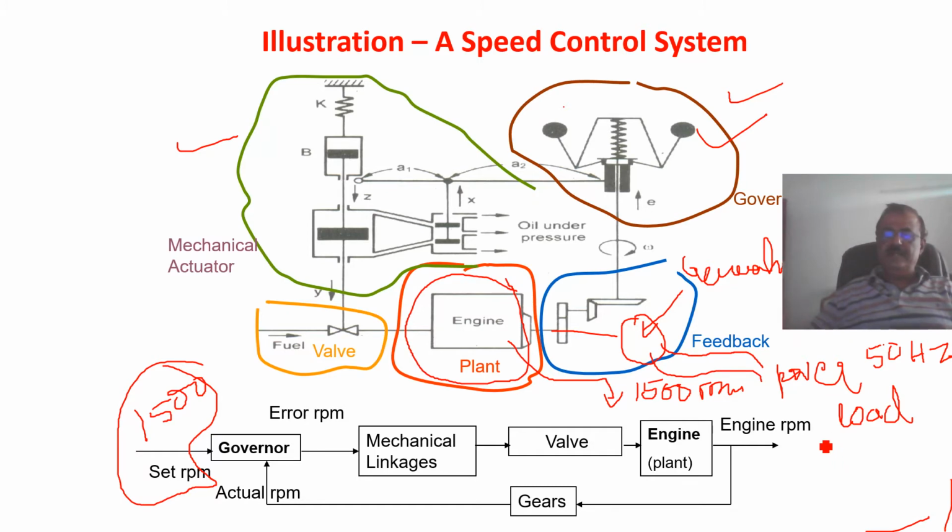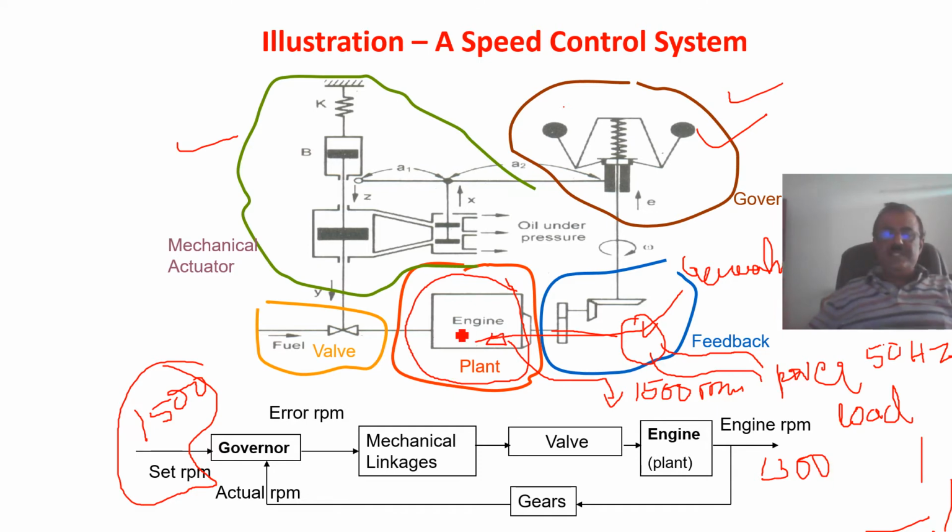Now, due to some reason, let us say the load increases, meaning some more people switch on lamps or motors or whatever it is. Once this load increases, what happens? The load on the engine increases, so the engine speed decreases. Let us say that speed is something like 1300 RPM.